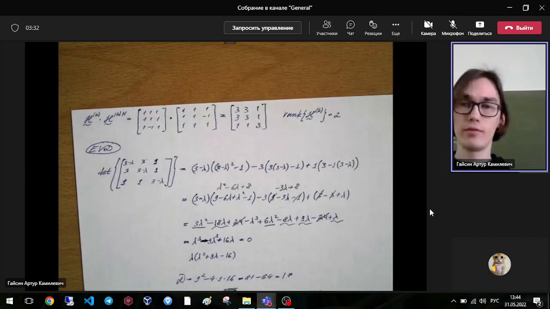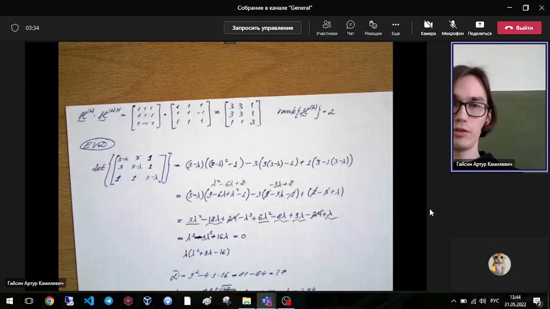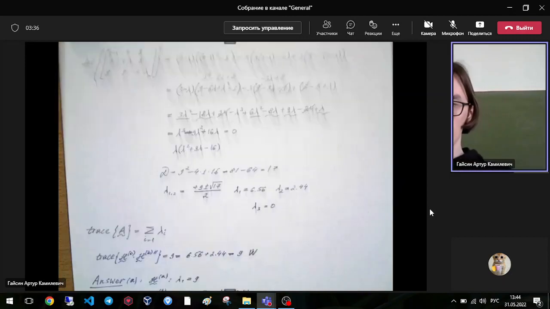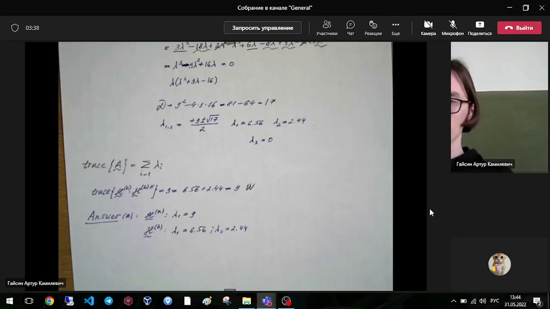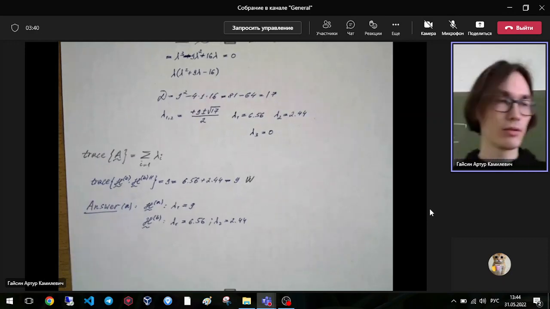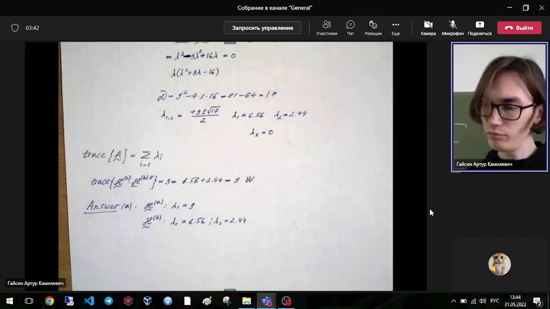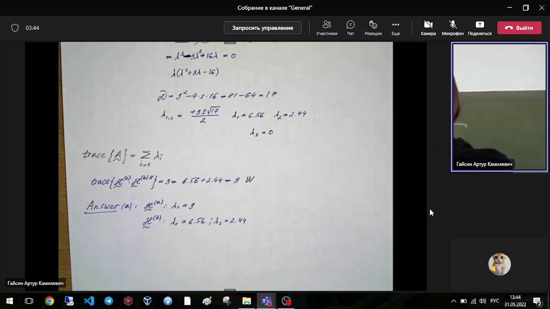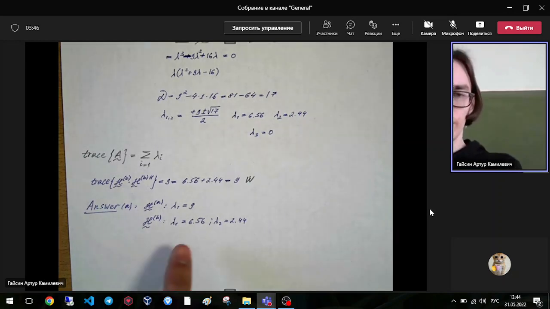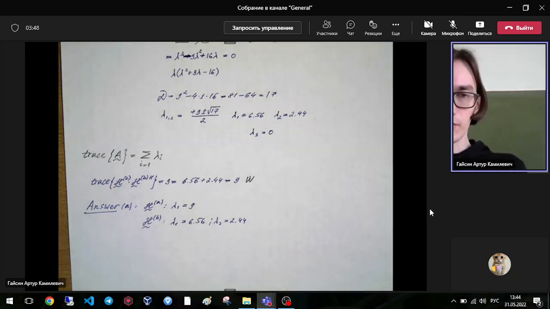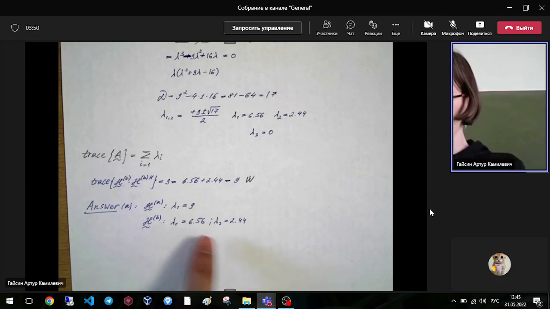Then we calculate the same thing for channel HB. In this case, it is a little bit more complex, but the eigenvalues are equal to 6.56 and 2.44.